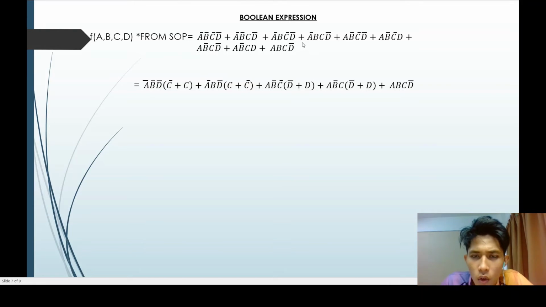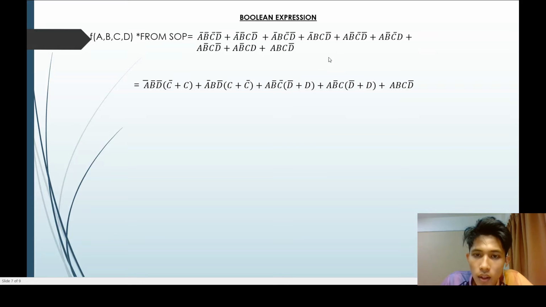Only C is not the same, this one is C bar and this one is C. So we can factorize the others, with C plus C bar in the bracket.